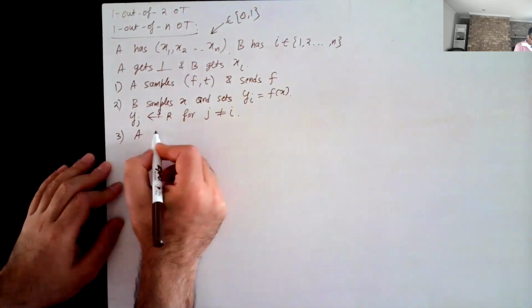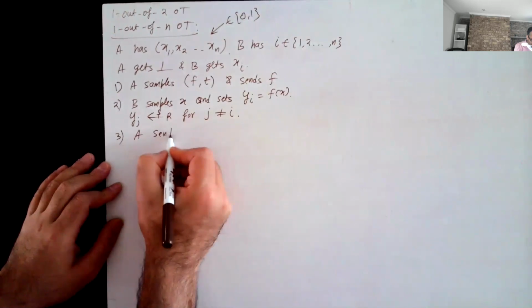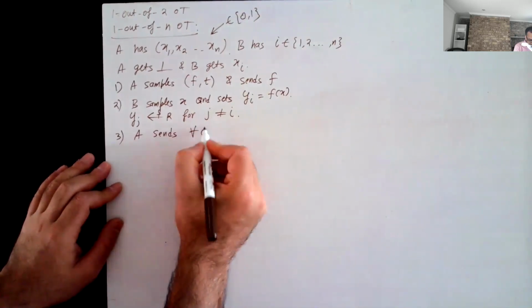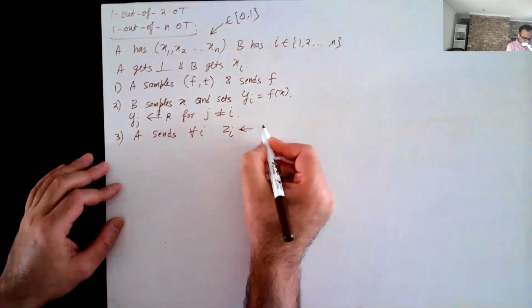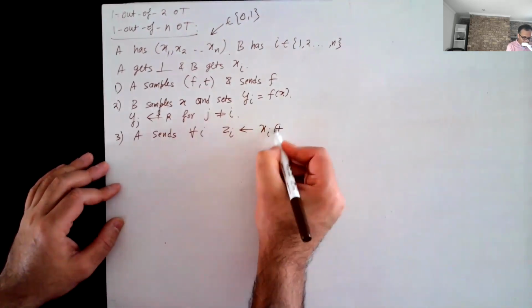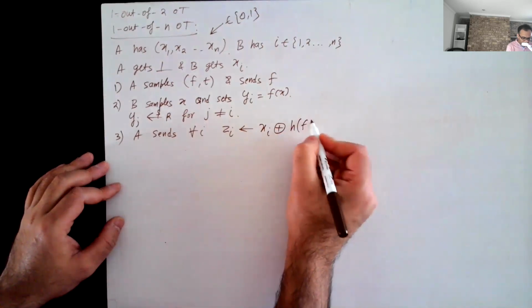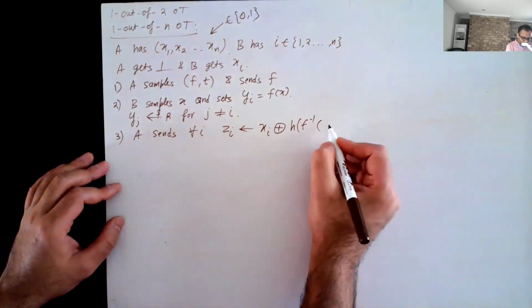And A sends for all i, zi, which is defined as xi xor h of f inverse of yi.